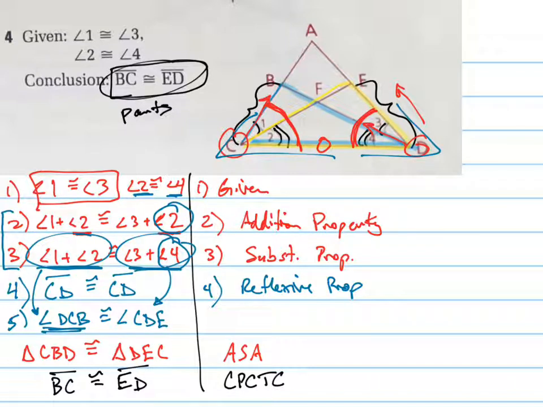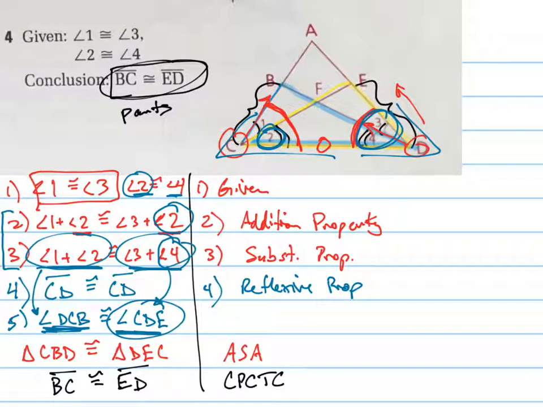So the reason I did that again is just, your teacher might not make you say that, but eventually what I wanted to be able to say is I have an angle here, see that angle 2? And you see that angle 3 plus 4? 3 plus 4 is this one.